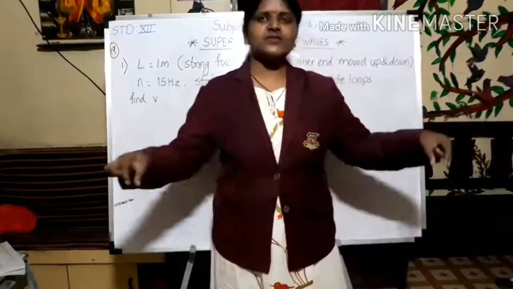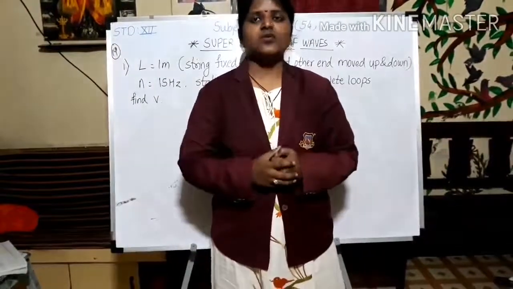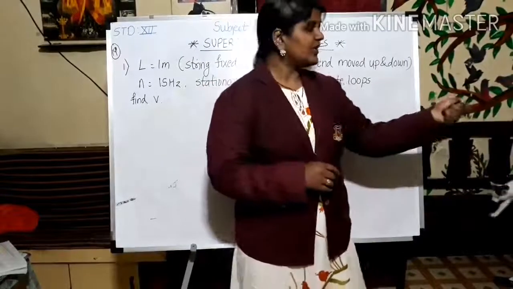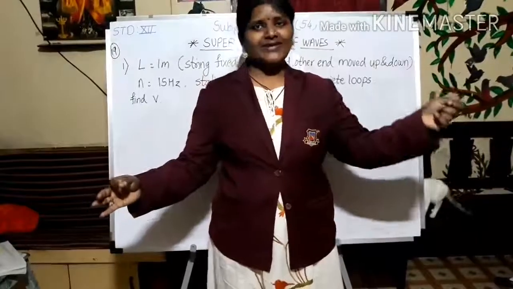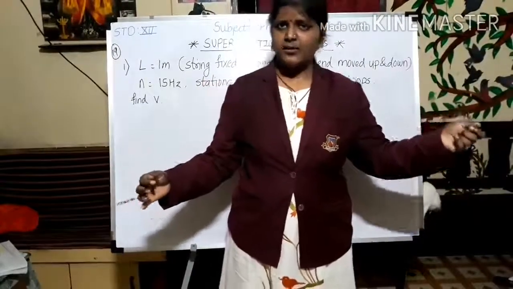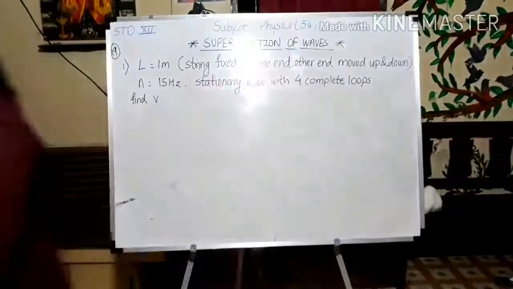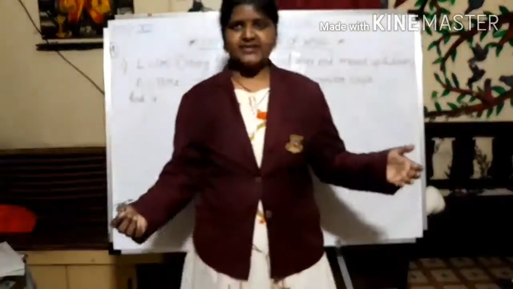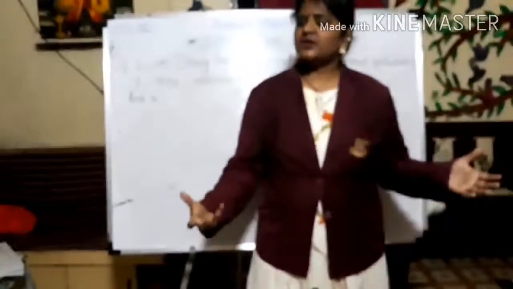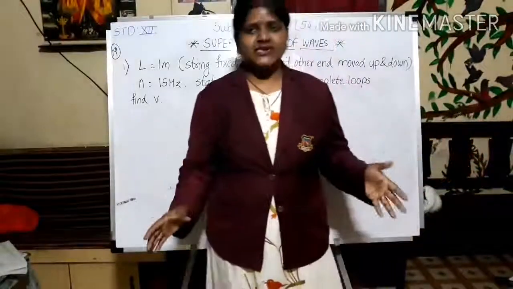Because the scale on that box is of 1 meter. Then a wire is stretched on the sonometer. One end is fixed at the sonometer and to the second end weight can be applied, which is in terms of tension, okay, which is the slotted weight.